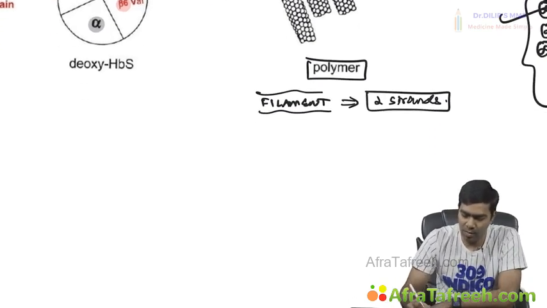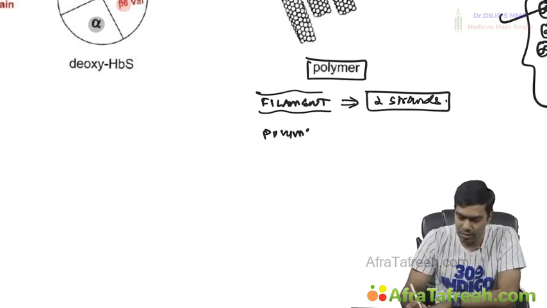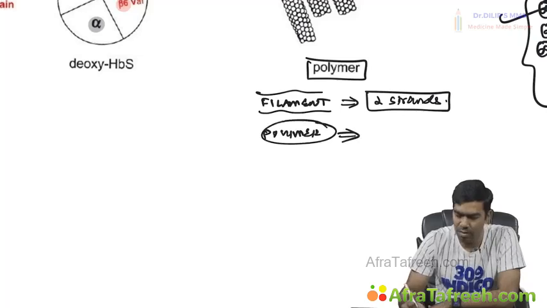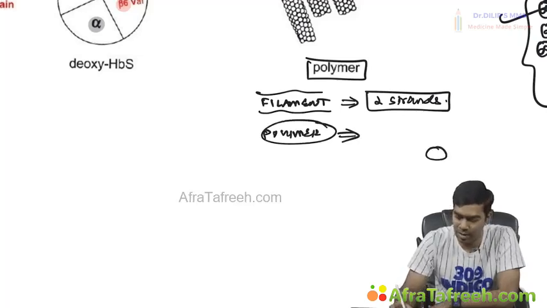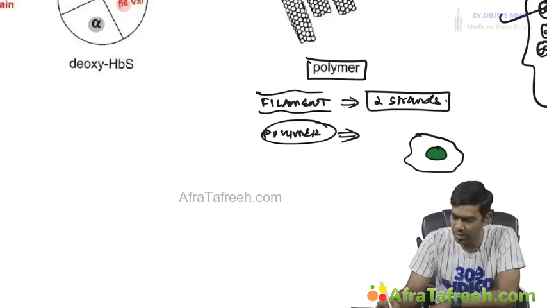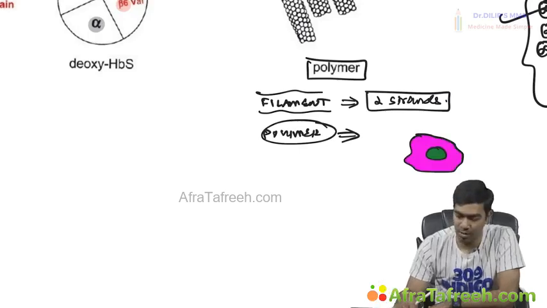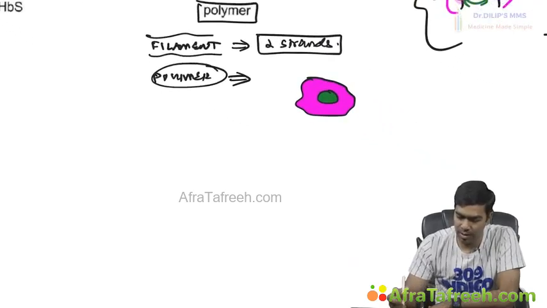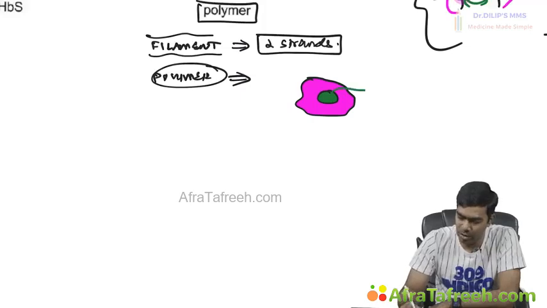So similarly, if you ask what a sickle polymer is, it is made of something called a central core and something called an outer sheath. This is what we call a polymer. So how many things contribute to the central core?